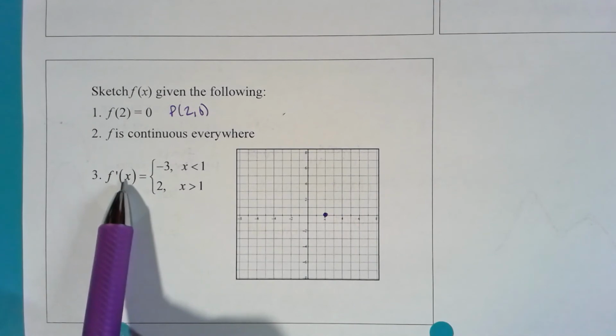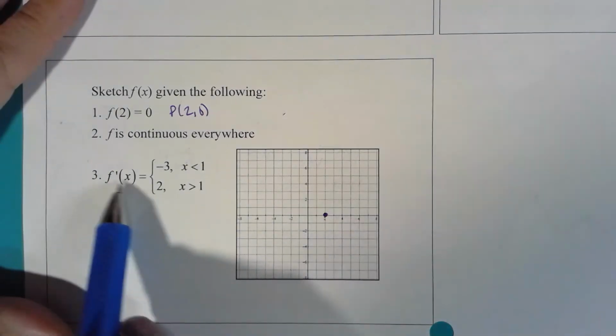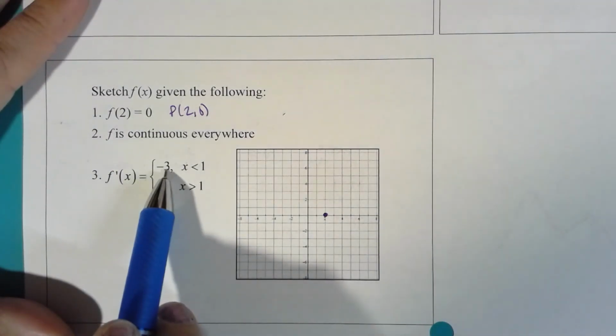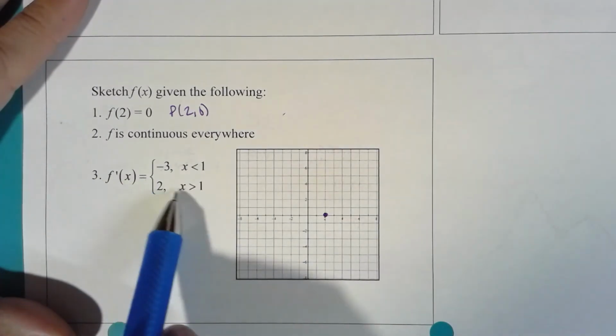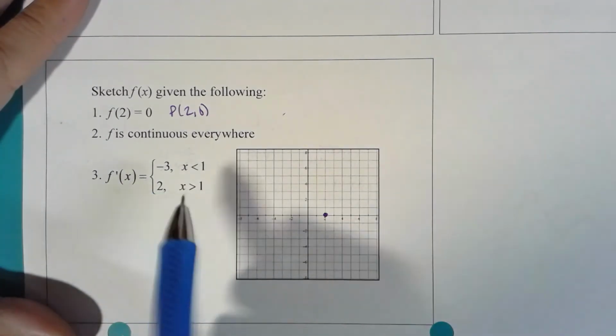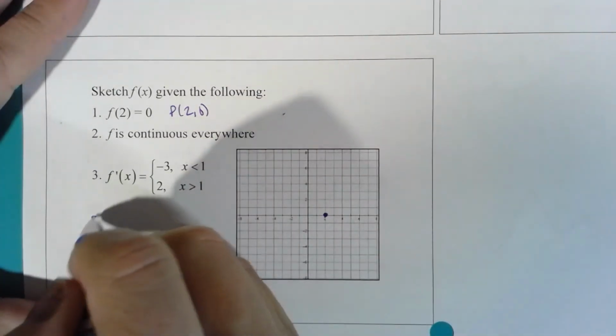And then number 3, they're giving us information about f prime. F prime is equal to -3 when x is less than 1. F prime is equal to 2 when x is greater than 1. Well, what does f prime mean? F prime means the slope.